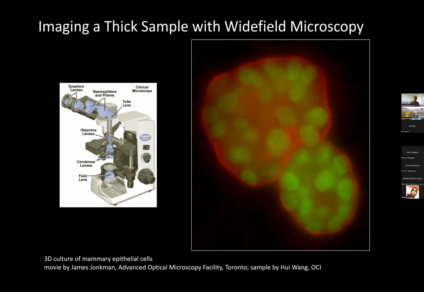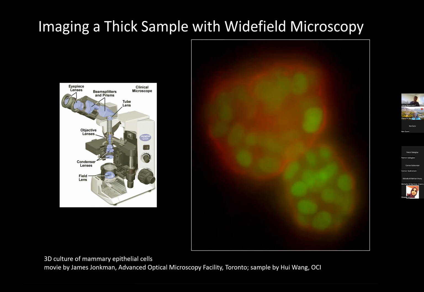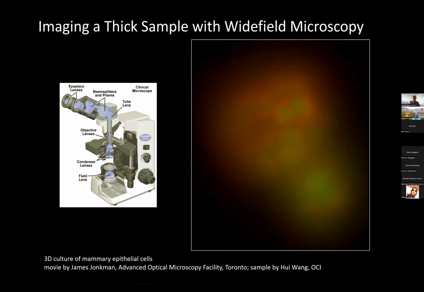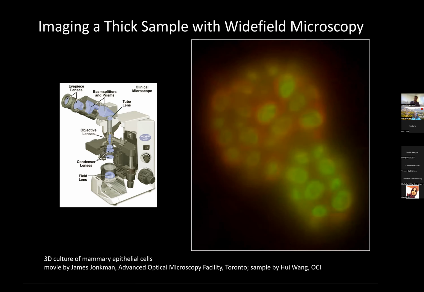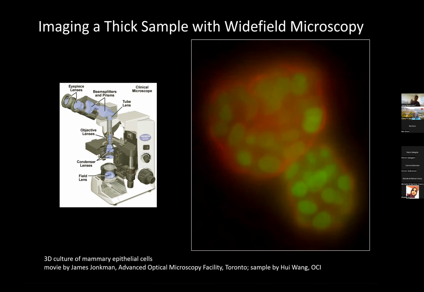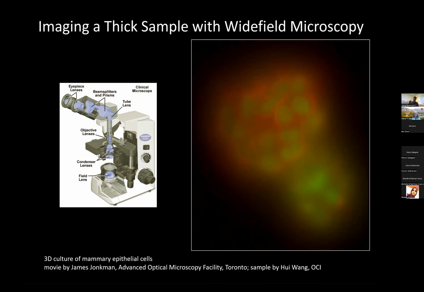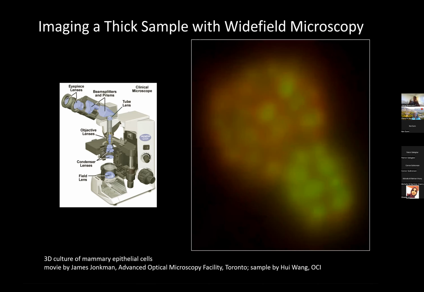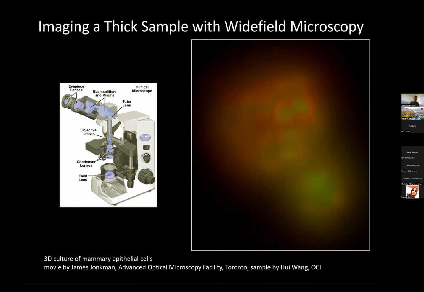You see all this background light from the cells above or below the plane you're looking at. And that is preventing you from a detailed quantitative analysis of subcellular details in this particular sample. So this highlights the problem that a wide field microscope has, namely that it's very bad at excluding out of focus light from your image. And the confocal microscope is solving this problem.